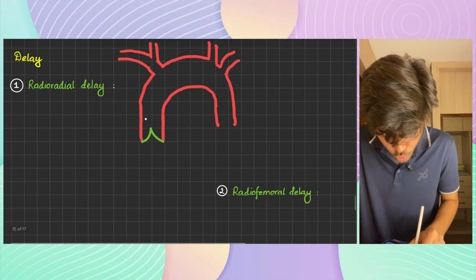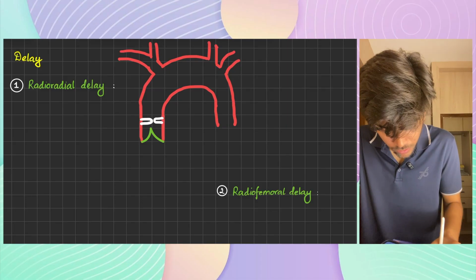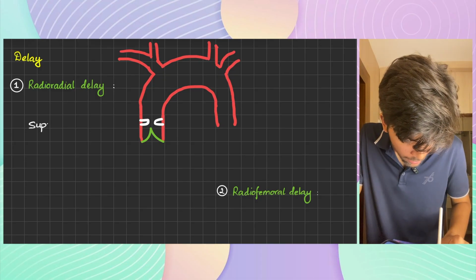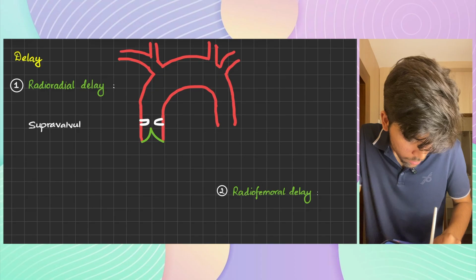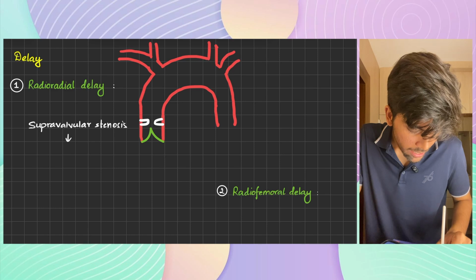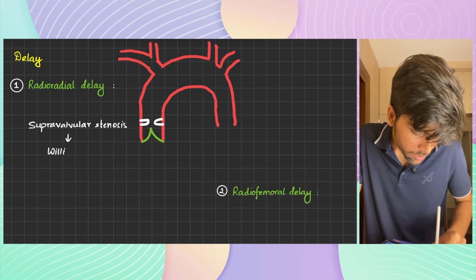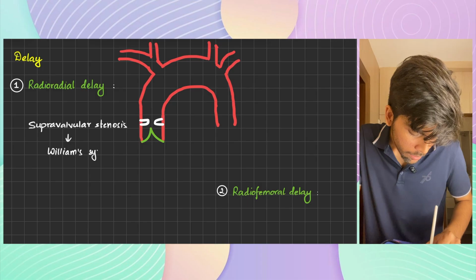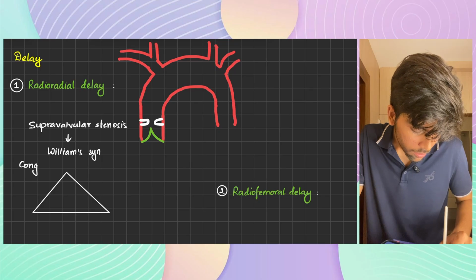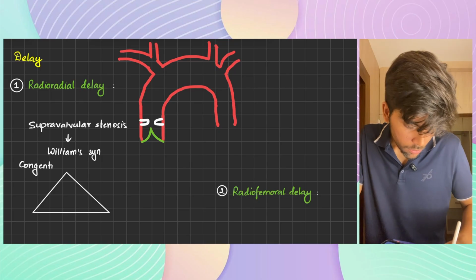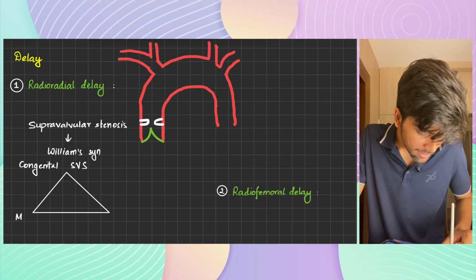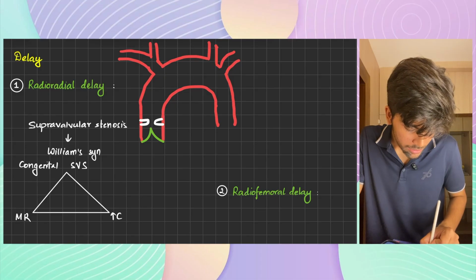There can be supravalvular stenosis, which is associated with Williams syndrome, characterized by a triad of congenital supravalvular stenosis, mental retardation, and hypercalcemia.